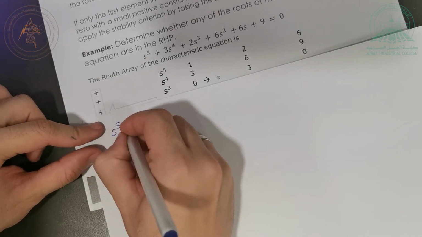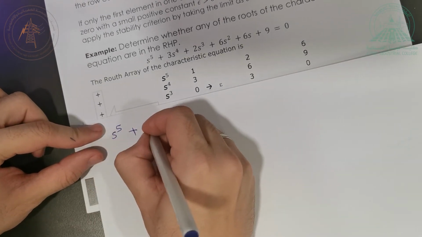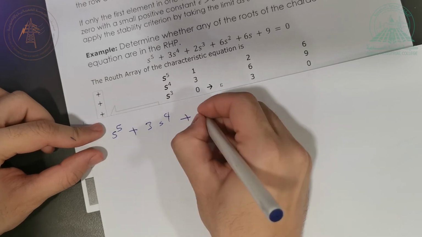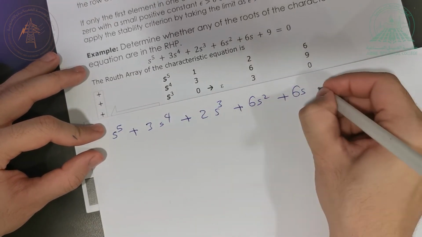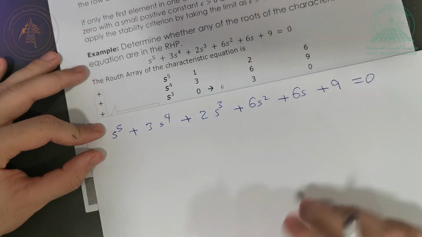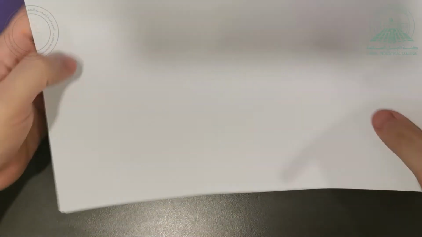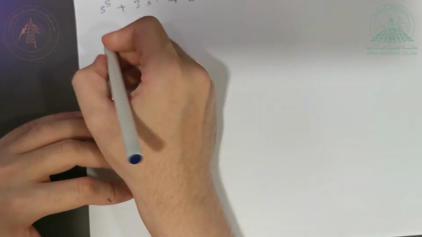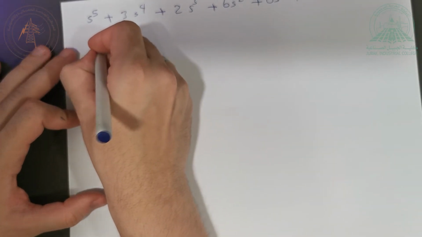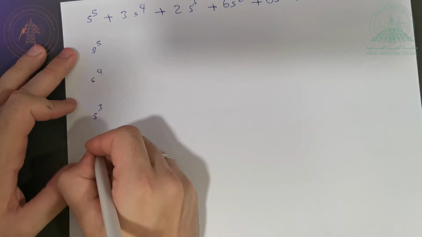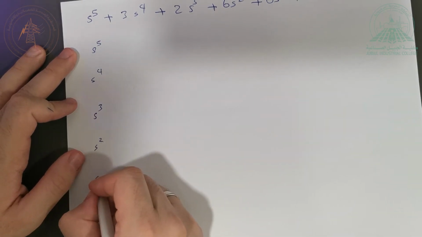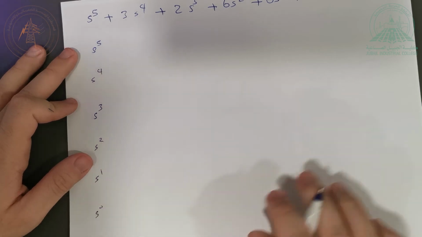So we have s to the power of 5 plus 3 s4 plus 2 s cubed plus 6 s squared plus 6s plus 9 equals 0. So we start with s to the power of 5, s4, s3, s2, s1, s0.